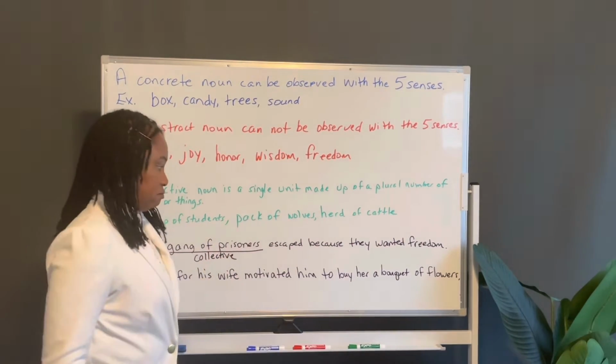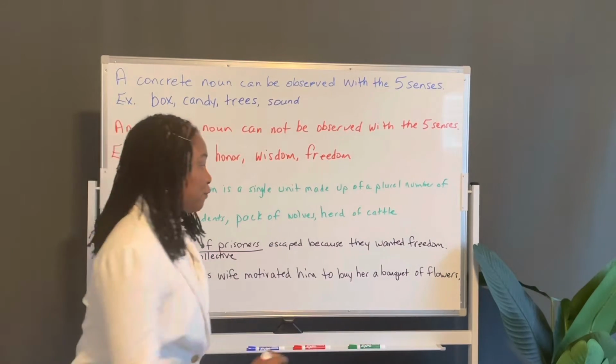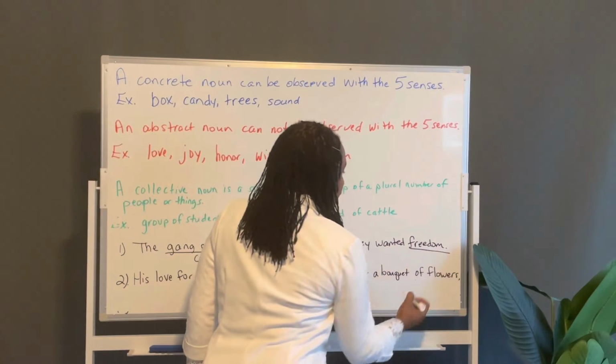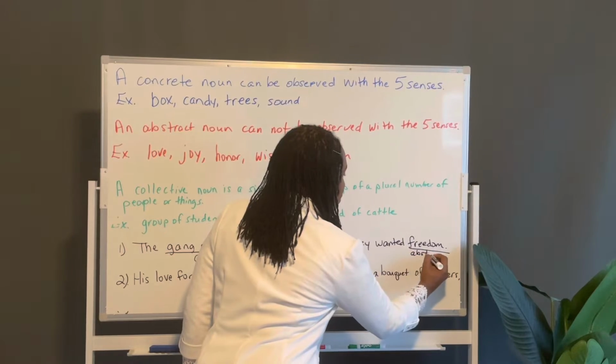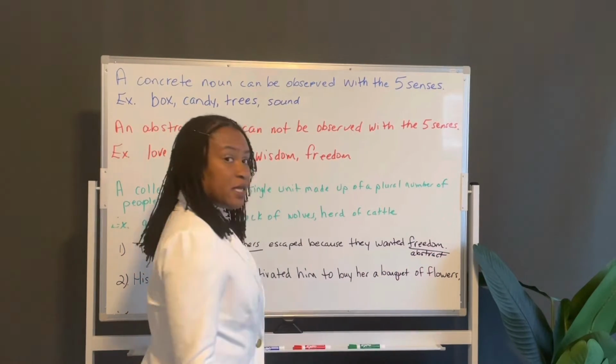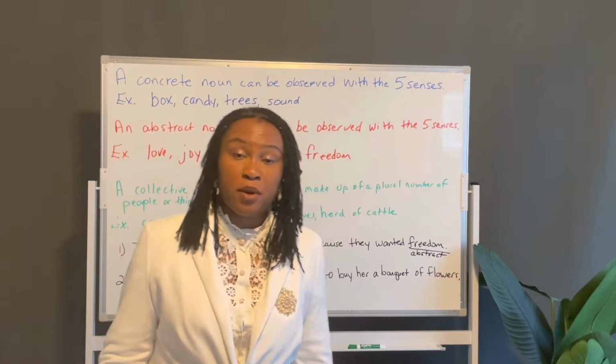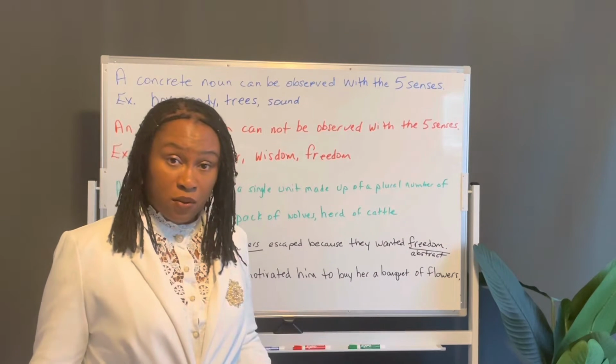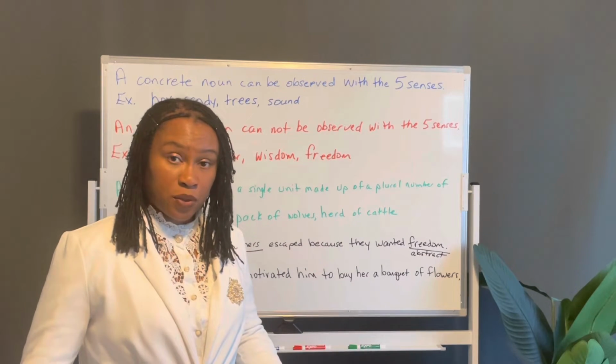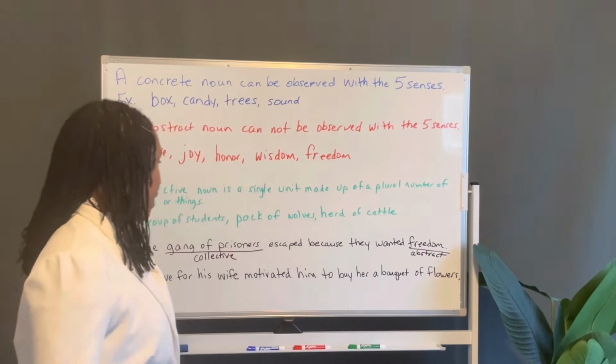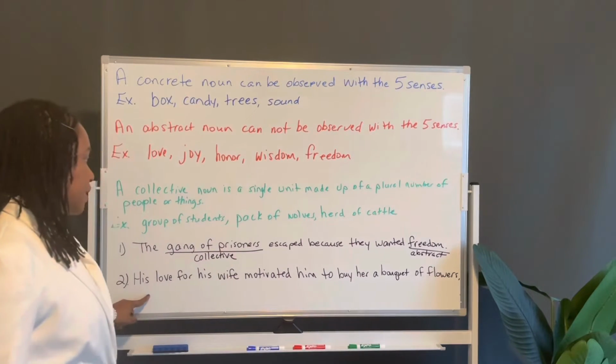And what else? Let's see. You got it. Freedom. Freedom is an abstract noun because, yes, we can see the evidence and the signs of freedom, but it's not a physical thing or person or place. Okay, let's go to the second sentence.